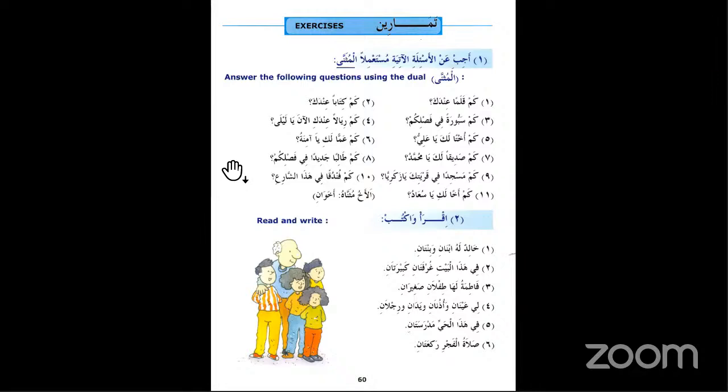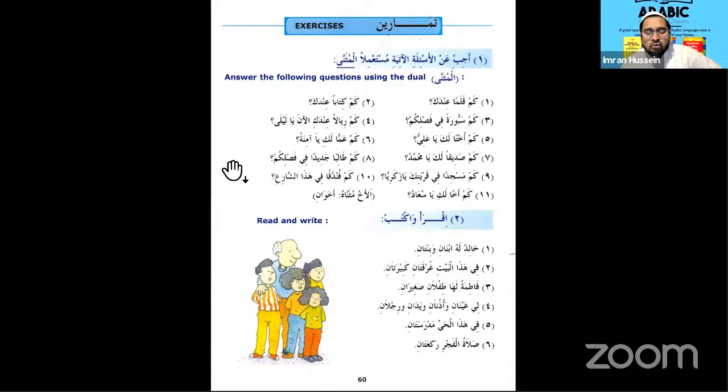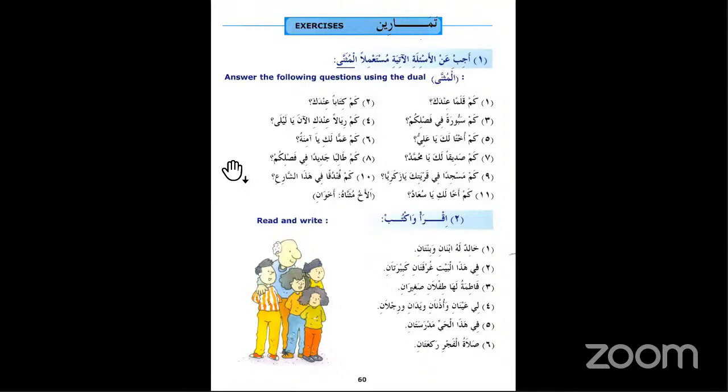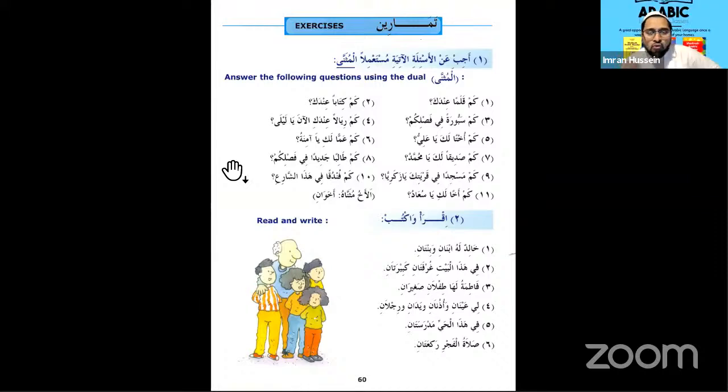Sir, can we write saburatani fi faslina? Well, because saburatani is nakira, it should be fi faslina first. The predicate comes first. Fi faslina, in our classroom, are 2 boards. Or you can say, if you want to be precise, saburatani. We have 2 boards.